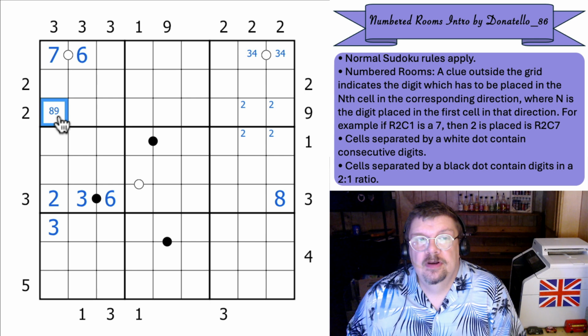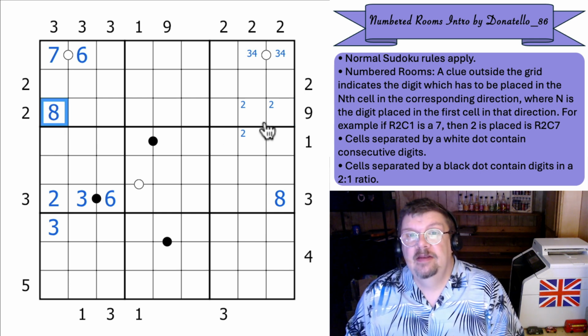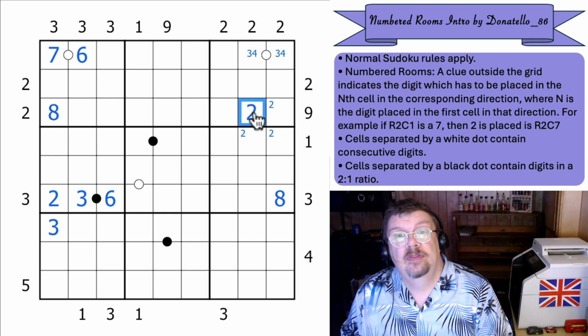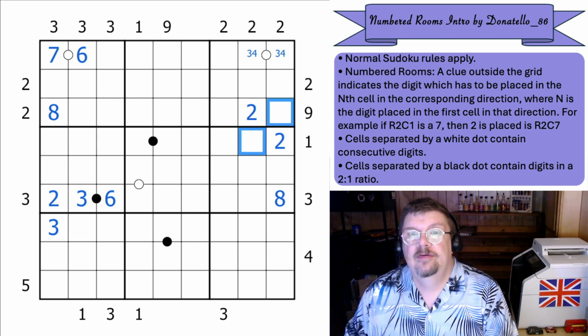Now, if this were a 9, then this cell would have to be a 9 in order for it to be 9 cells away from the clue. But that would mean there are 2 9s in the row. So that is not a 9. That must be an 8. That places the 2 there in the 8th cell from the left. And that resolves that 2.